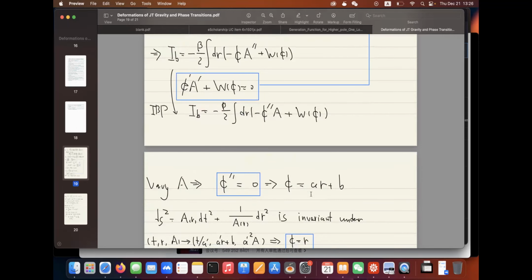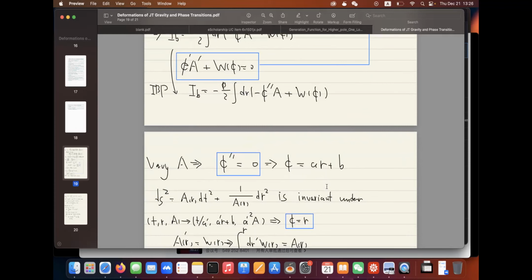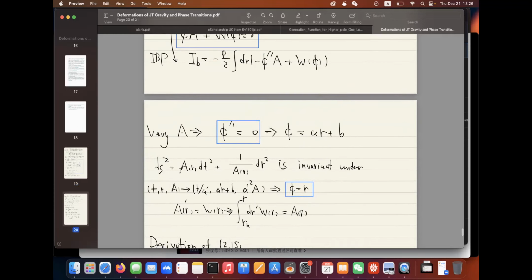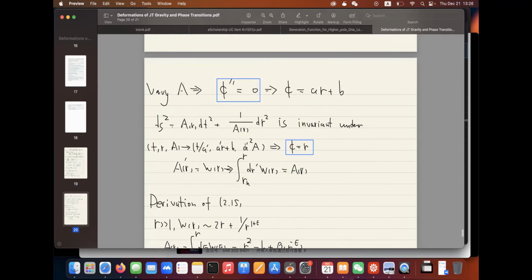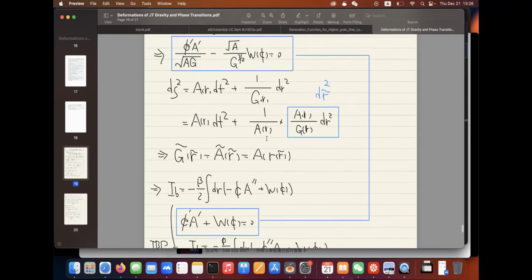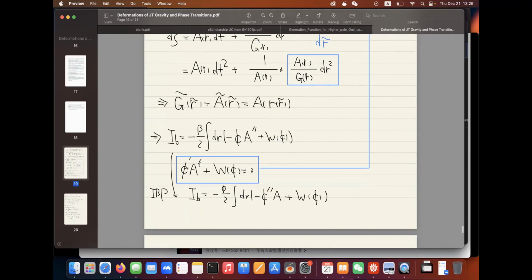So phi should be linear in r. And we found that the metric is invariant under the symmetry. This is the isometric symmetry, so we can choose special coordinates to make phi just r. Okay, good. And let's see this equation.